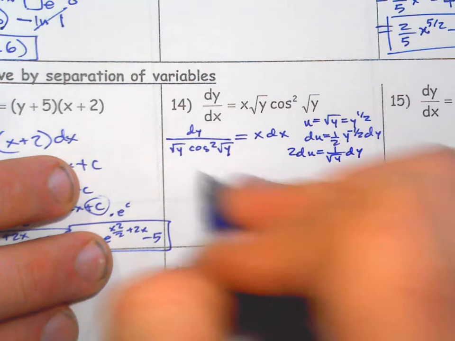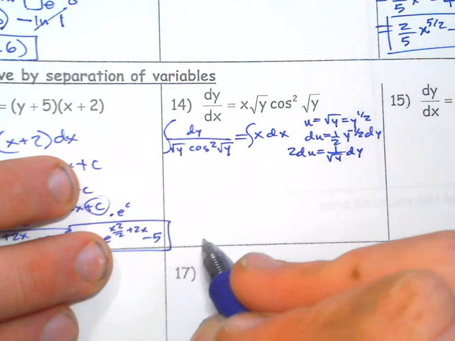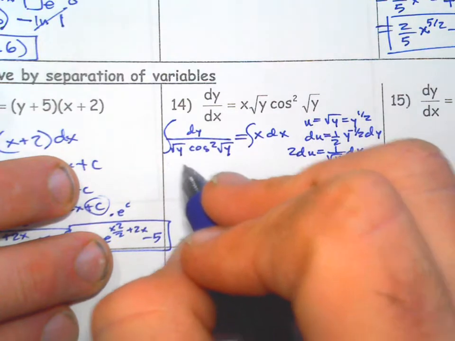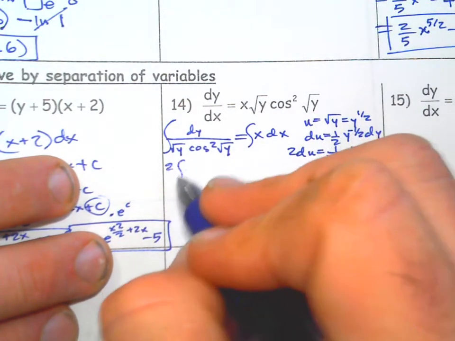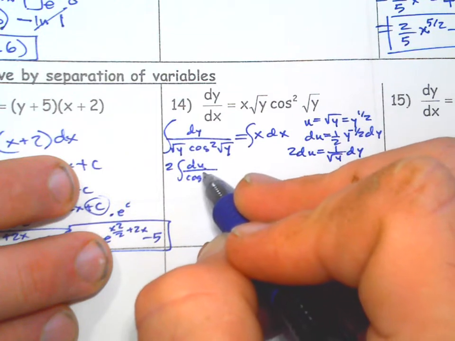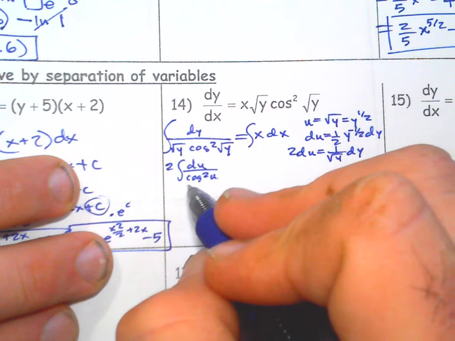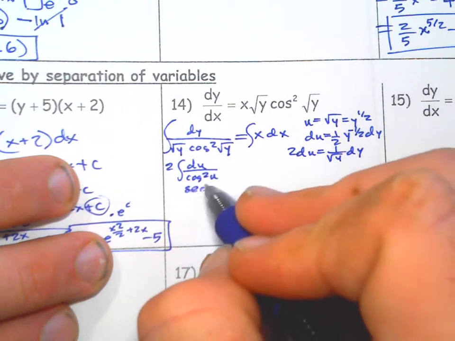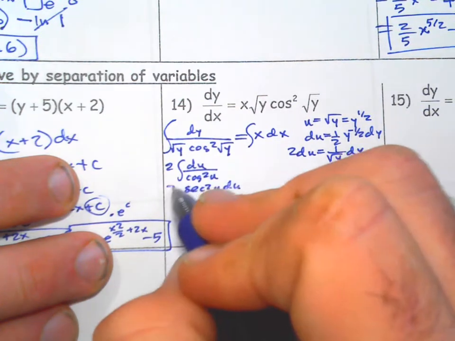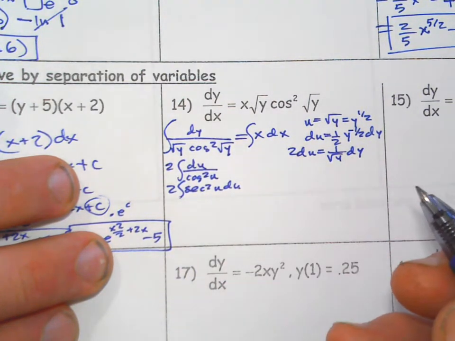So that works well because we're going to get 2 du over cosine squared u. Now 1 over cosine squared is secant squared, right? So derivative of tangent is secant squared, right?